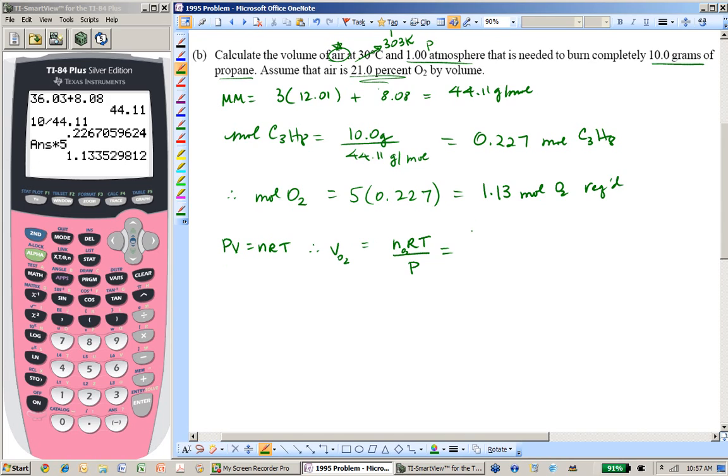So there is my 1.13 mole. My R, 0.0821, and my 303 Kelvin for my temperature. All that was given to me except for R. I should know R anyway. Notice I didn't put the units on R. Phooey. Liter, atmosphere, per mole, Kelvin.